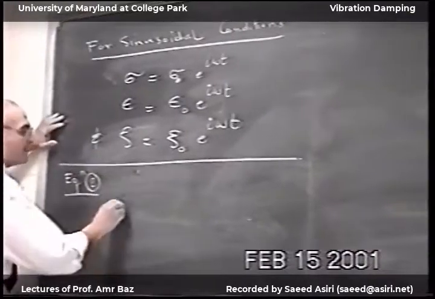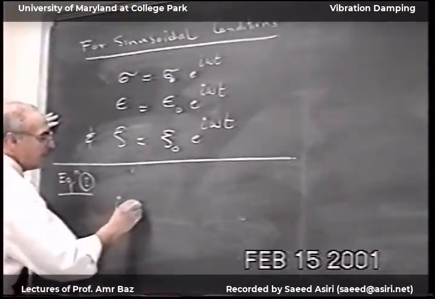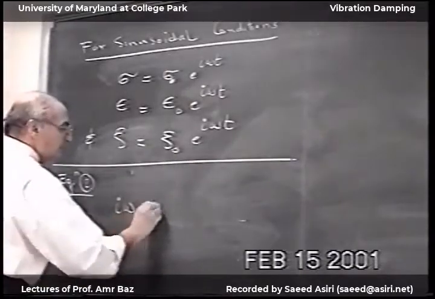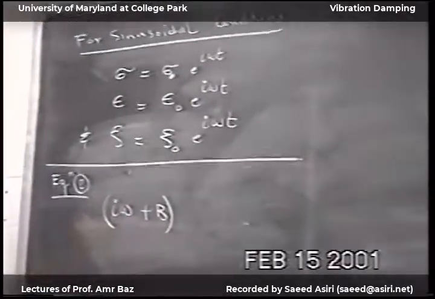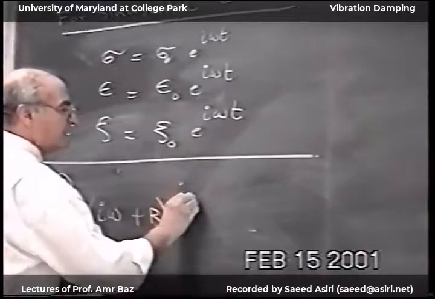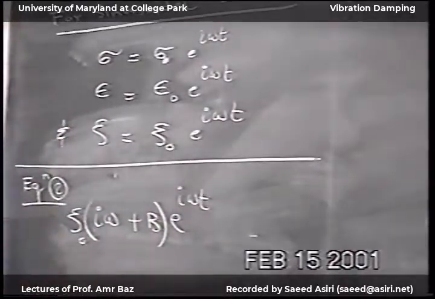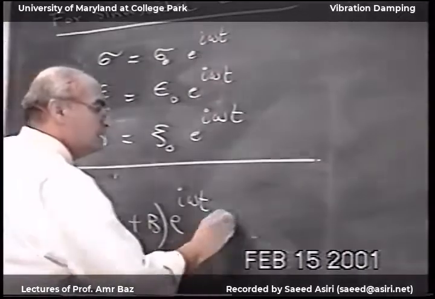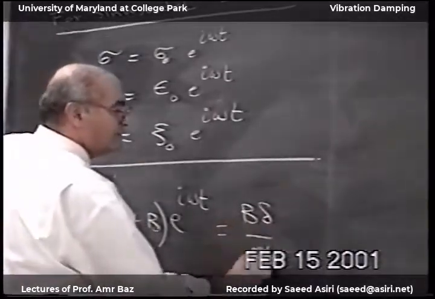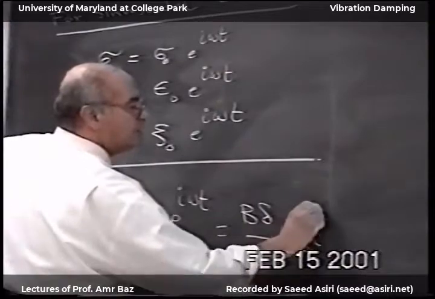So we have (i omega plus B) times e to the i omega t times zeta naught equal to B delta over alpha epsilon naught e to the i omega t.